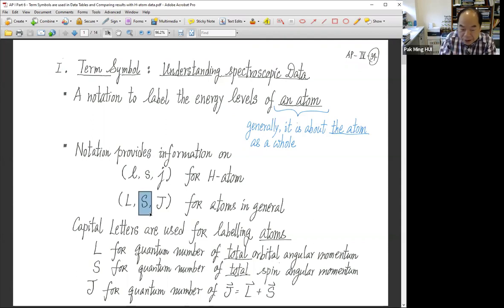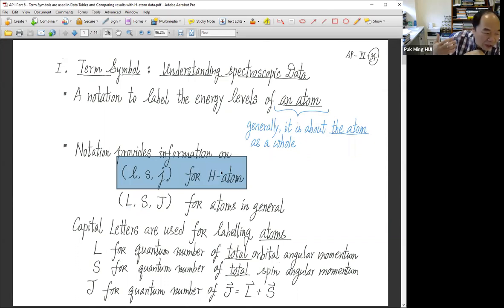Similarly, you have many electrons, each has an L. You have to add the L of them and form a total orbital, so a capital L. Then you add this total L and total S together, and you get the grand total angular momentum with a capital J quantum number. So usually you will see the capital letters rather than the lowercase. We use the lowercase for the hydrogen atom because we have been using the lowercase previously.